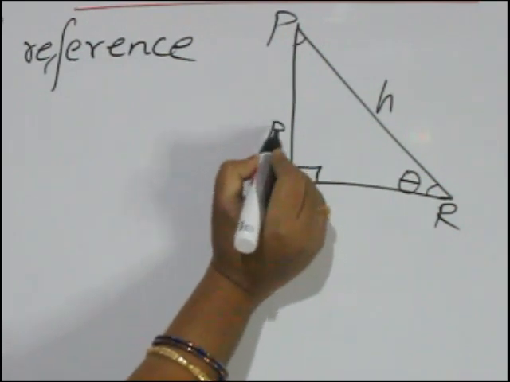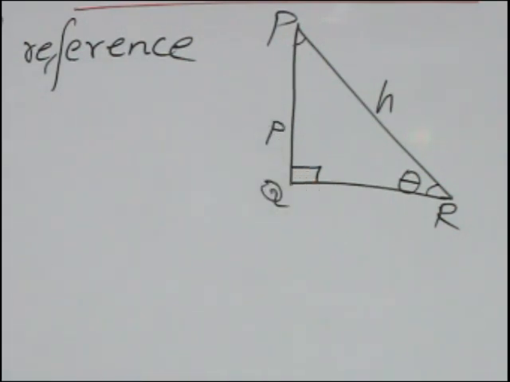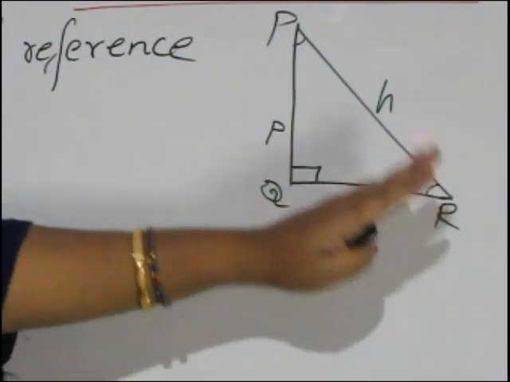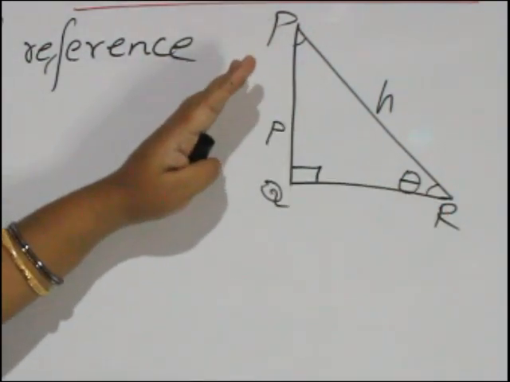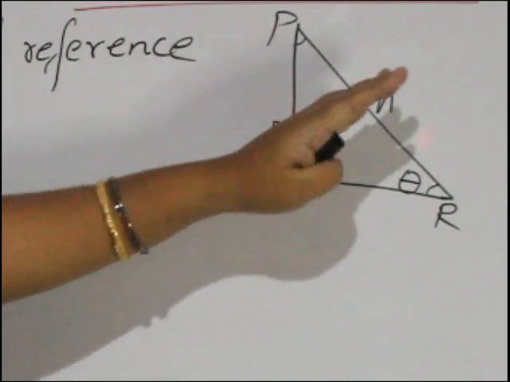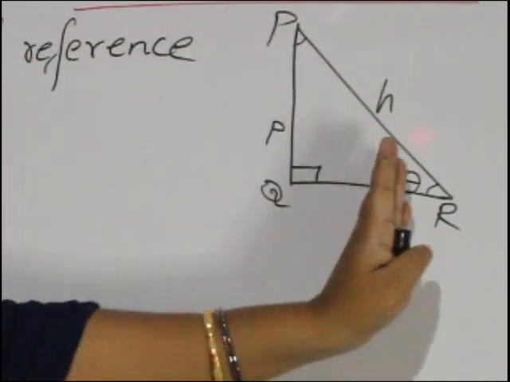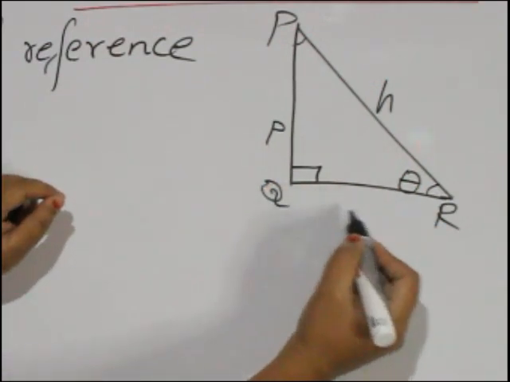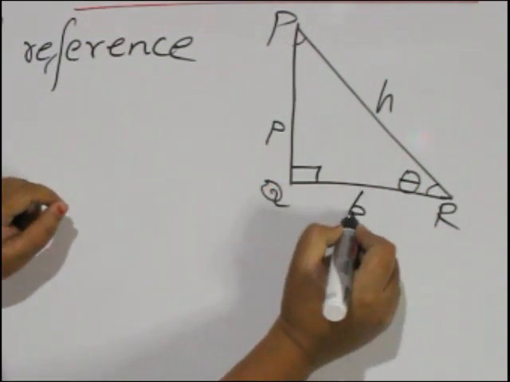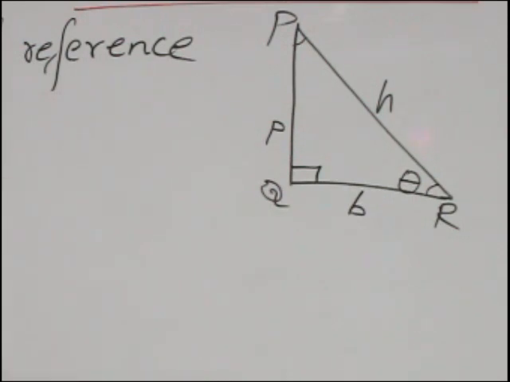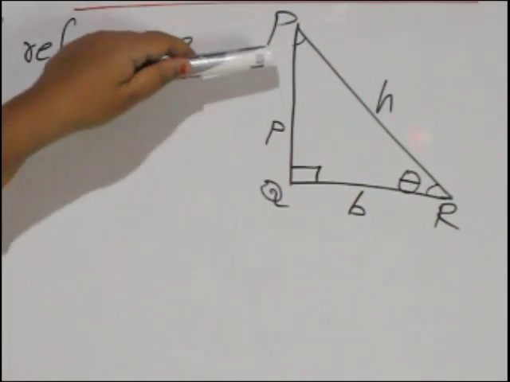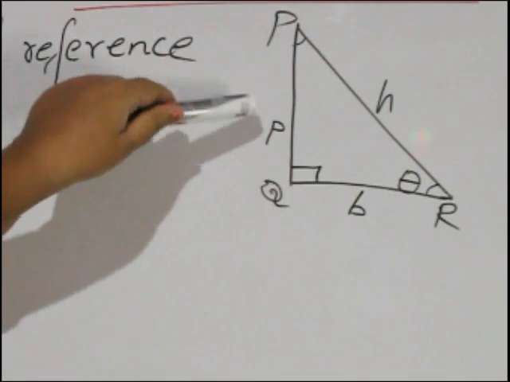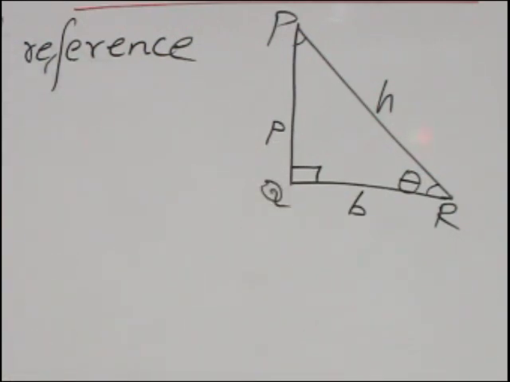So PQ is the perpendicular. The hypotenuse is already there. The side adjacent to theta is QR. This is the base. Clear? If the angle of reference is angle P, then the perpendicular and the base will exchange.